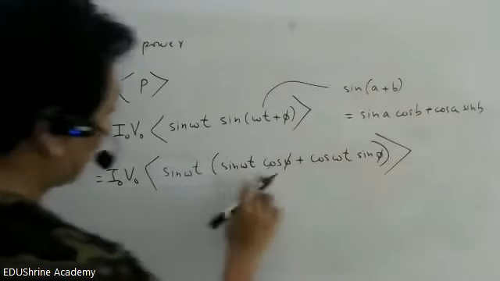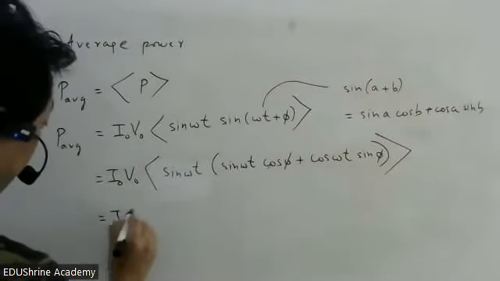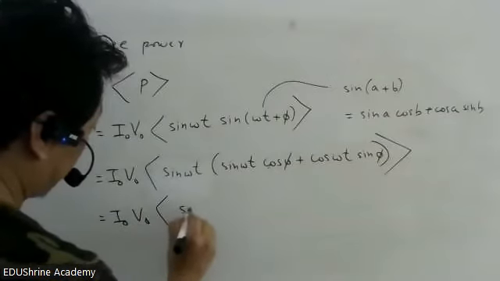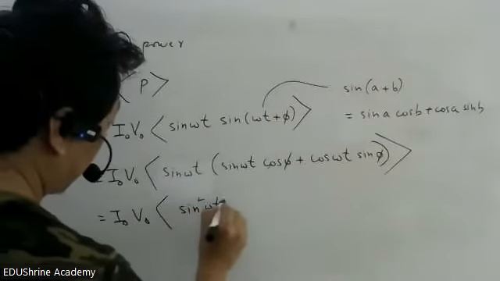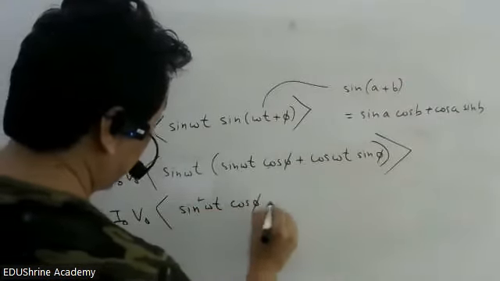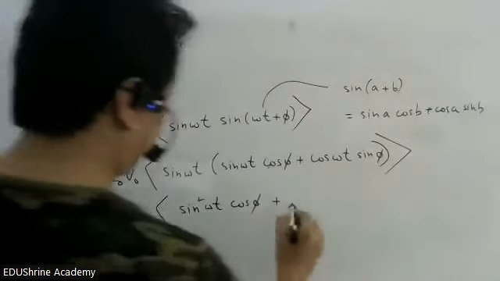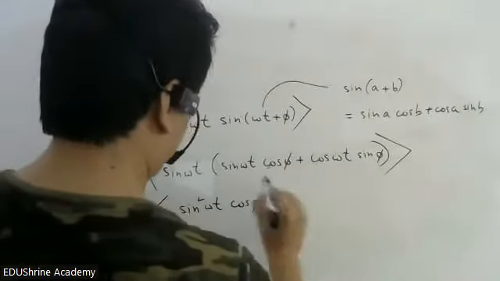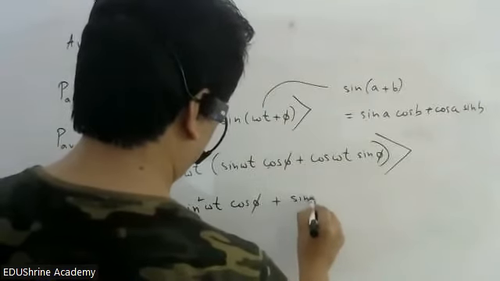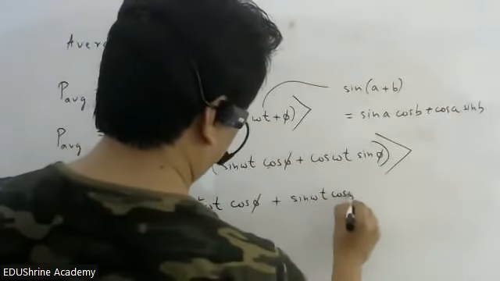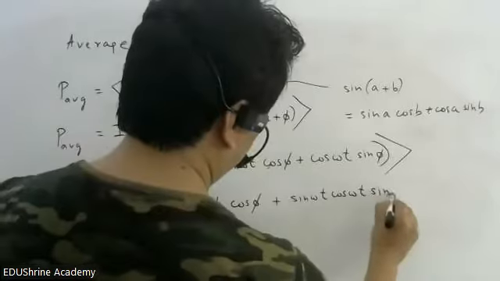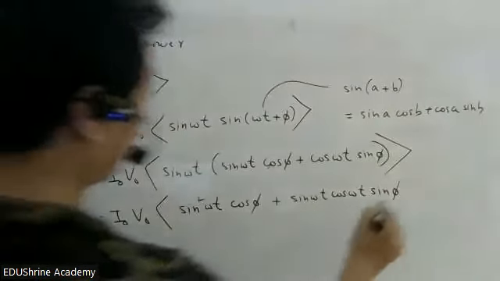Now you multiply sine inside. Sin square omega t cos phi plus sine omega t cos omega t sine phi. Correct? Yes.